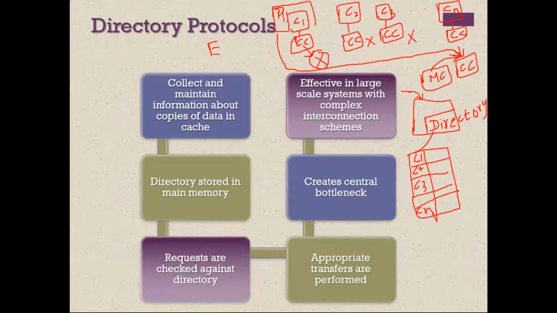Now the cache controller will send a message to all the processors stating that processor 1 wants exclusive access to x, so all other processors should invalidate x.